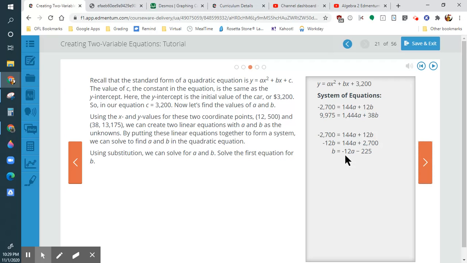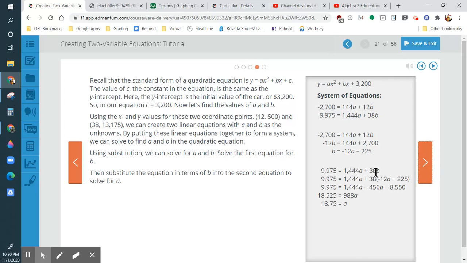So we solve for B. Now that we have B, we're probably going to plug this B into one of these other formulas. So if we did this, we use this formula, which is the top formula. Now that we solve for B, we have to plug this B into the second formula. That way we're combining both formulas together.